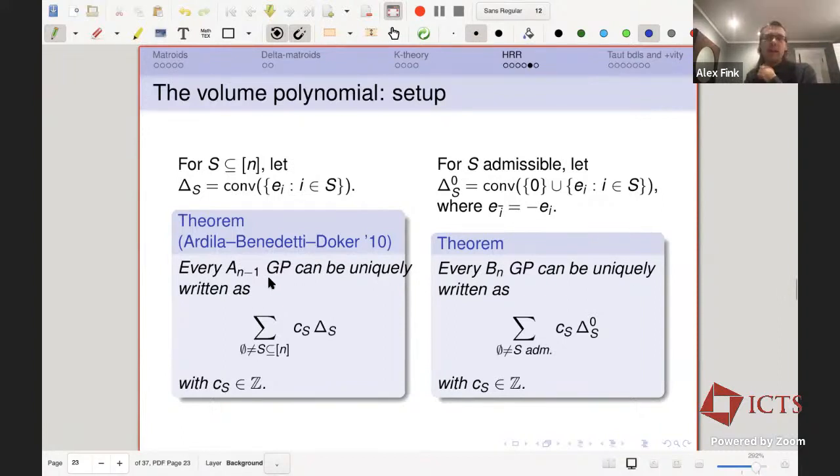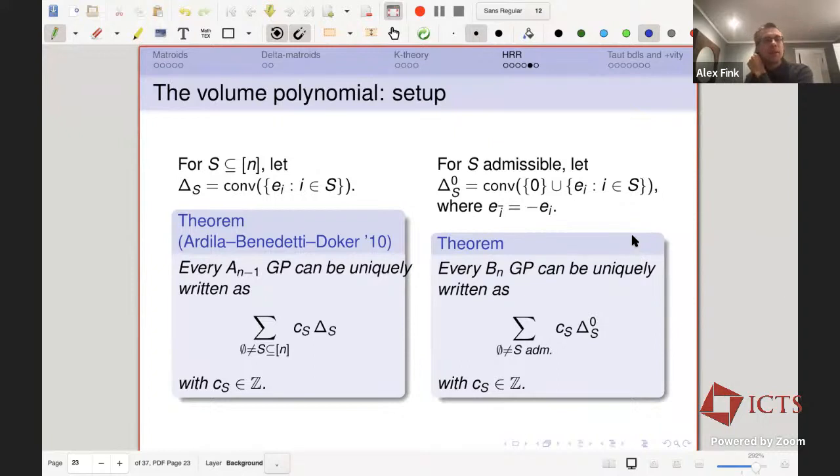So in type A, there's this nice theorem, Ardila, Benedetti, and Doker, that shows how to do this. You can use the standard simplex with n vertices and all of its faces. Every matroid and every generalized permutahedron, more generally, is uniquely a signed Minkowski sum of faces of the standard simplex.